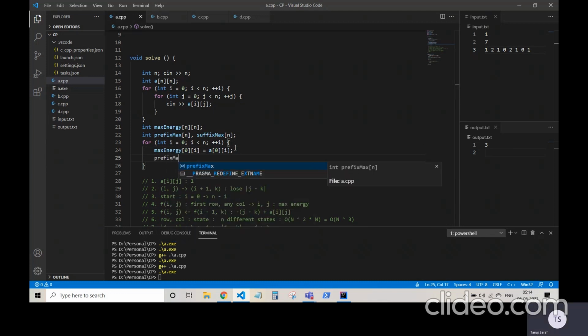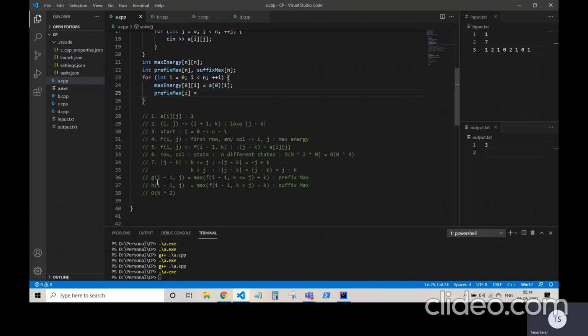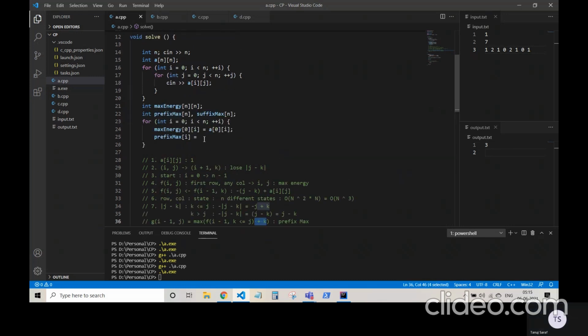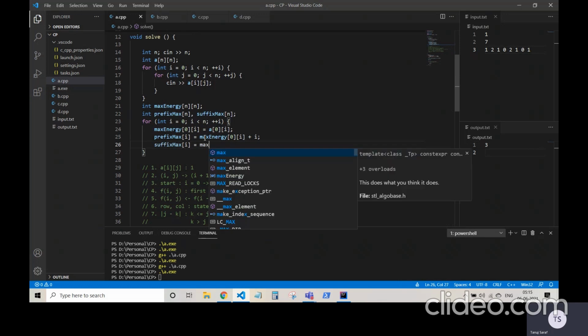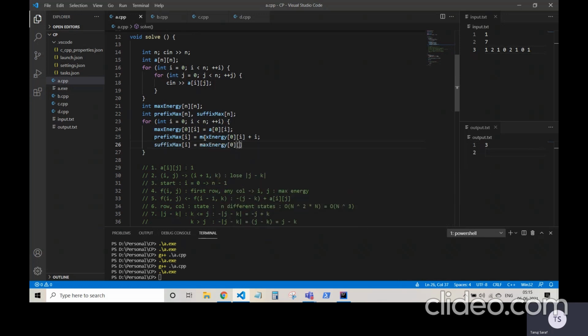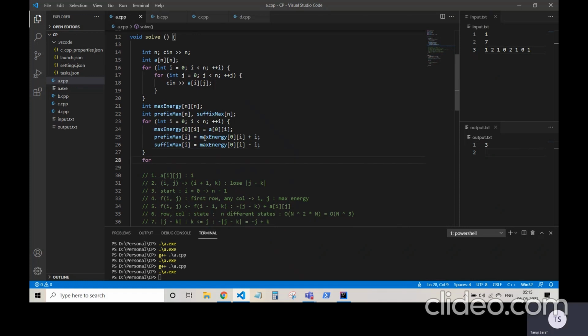And in our prefix array, for each column we have to store the contribution of the maximum energy plus the column value: maximum energy 0 i plus i. The same goes for suffix max, where we take the negative of the column value. We will take the prefix and suffix maximums.